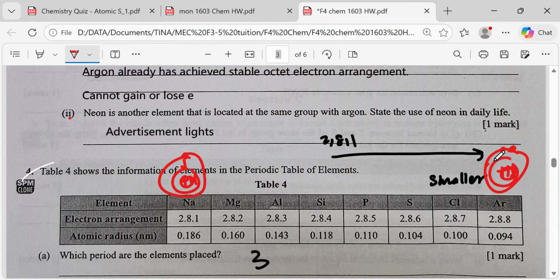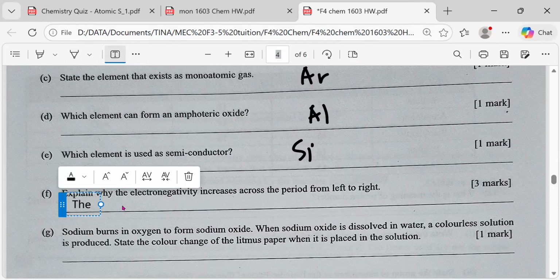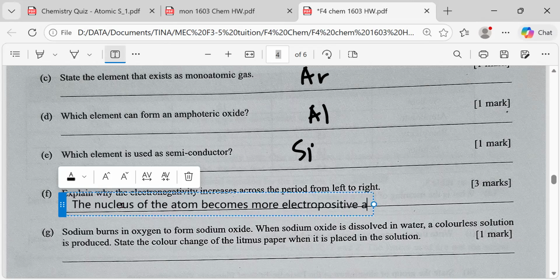So who will pull stronger? Positive 18 or positive 11? Positive 18. Correct? If it's 11 kilograms and you are 18 kilograms, who pulls more strongly? 18 kilograms, right or not? So the nucleus of the atom becomes more electropositive across the period.